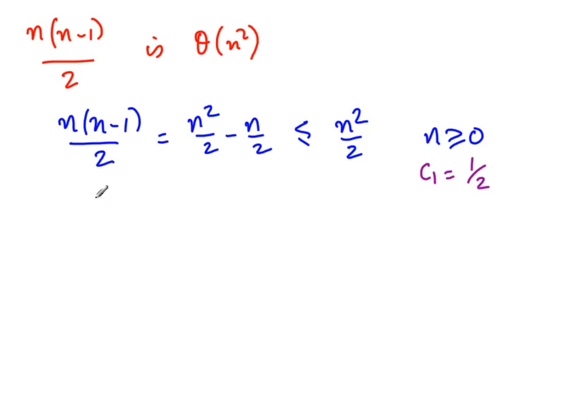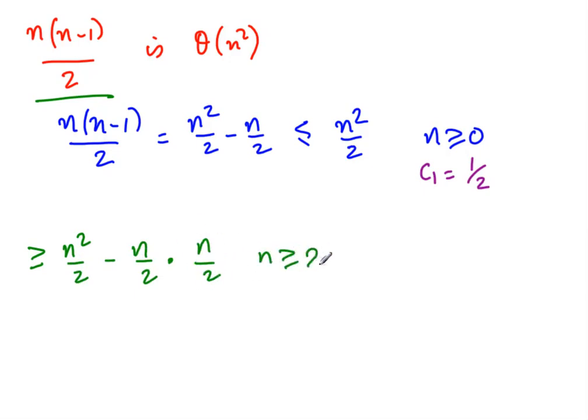On the other side, this function is going to be bigger than or equal to n squared by 2 minus n by 2 times n by 2, provided that this particular thing is at least 1. So I now need n bigger than or equal to 2. Right? So that n by 2 will be 1, and so this is going to be bigger than or equal to n squared by 4 for n bigger than or equal to 2. So now I have two bounds.